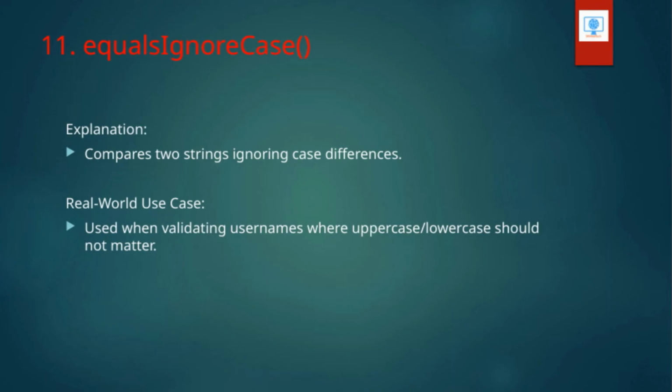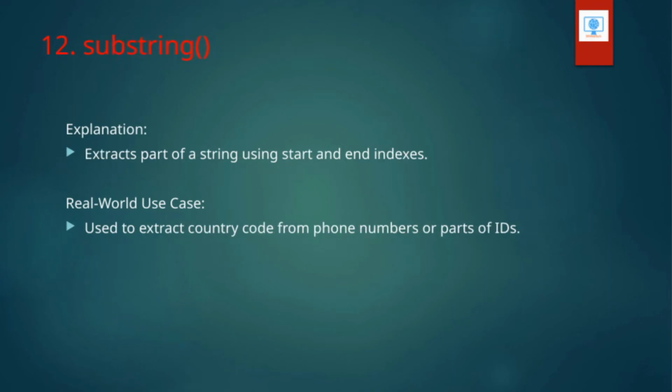intuitive and tolerant applications. In this slide, we're looking at the substring method, which allows us to extract a specific part of a string by specifying start and end indexes. Think of it as highlighting a section of text you want to focus on. This is especially useful when you need only a portion of data, like pulling out a country code from a phone number or a segment of an ID.